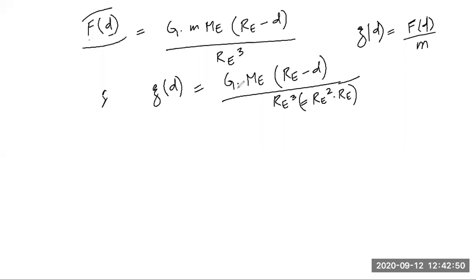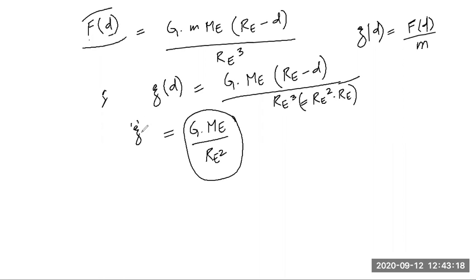Right, students. So now we know acceleration due to gravity is a function of depth, and this is equal to G into Me into (Re minus d) divided by Re cube. Re cube can be split into Re square into Re. Now see this, I can write this as G into Me divided by Re square. This is g, as I have derived before, right? Am I right?